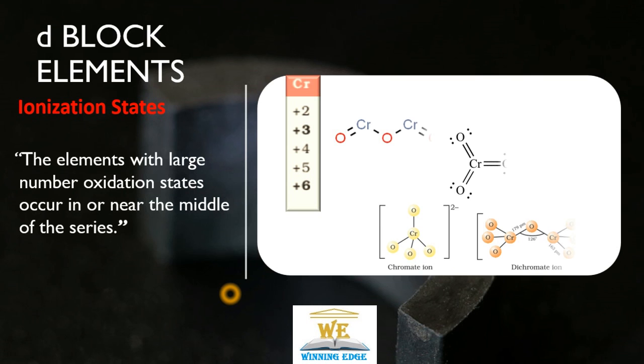Like we have chromium oxide Cr2O3, chromate ion, dichromate. These are a few examples of +3 and +6; chromate and dichromate are examples of the +6 oxidation state.